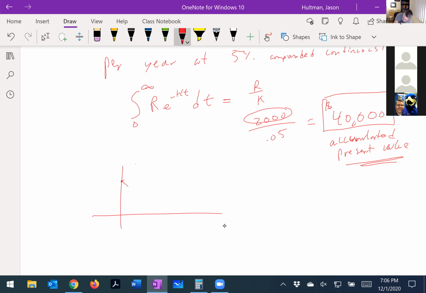But if we go out to infinity, then that's the whole thing. We're just not stopping at t for the accumulated present value. We just keep on going to infinity, and that gives me the entire area under the curve.